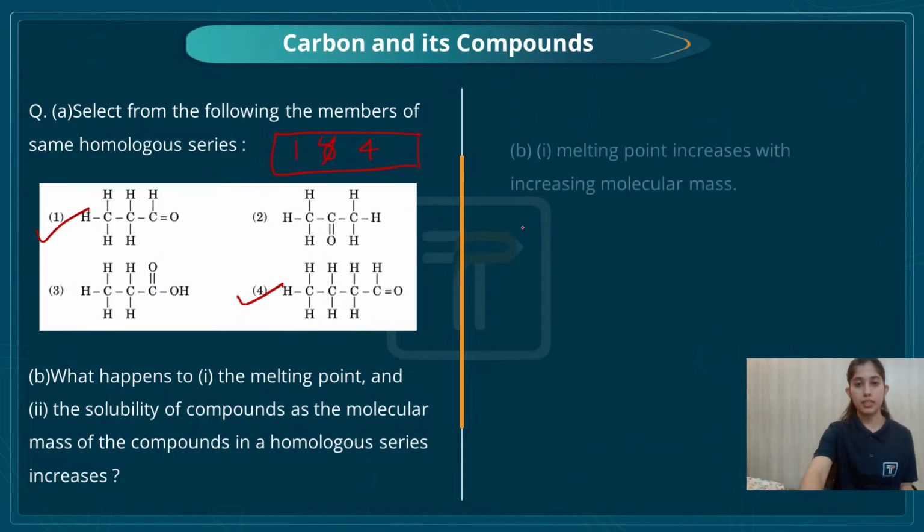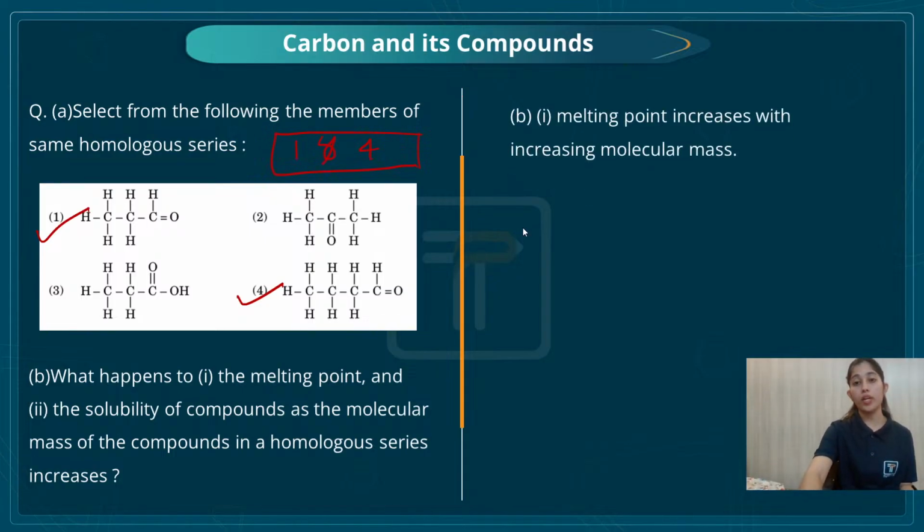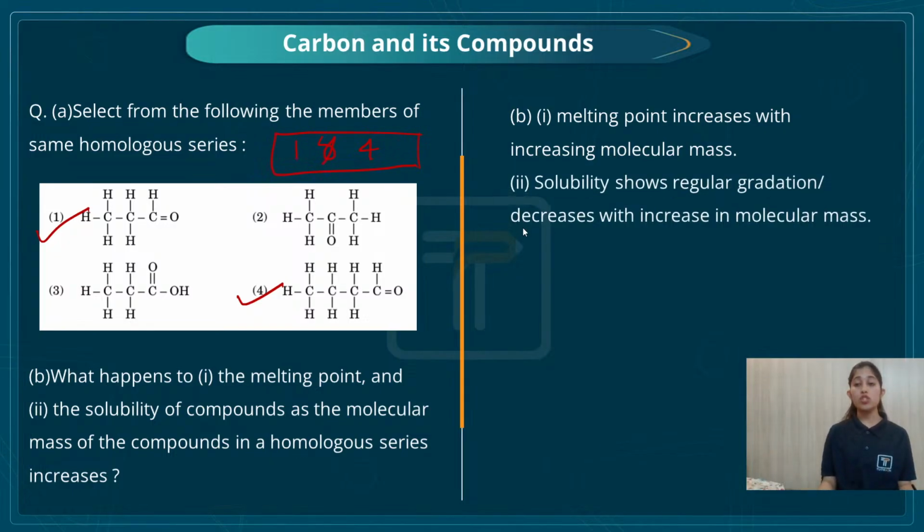Melting point is going to increase with molecular mass. We know in a homologous series, as molecular mass increases, melting point also increases. Solubility shows regular gradation, or decrease, with increase in molecular mass.